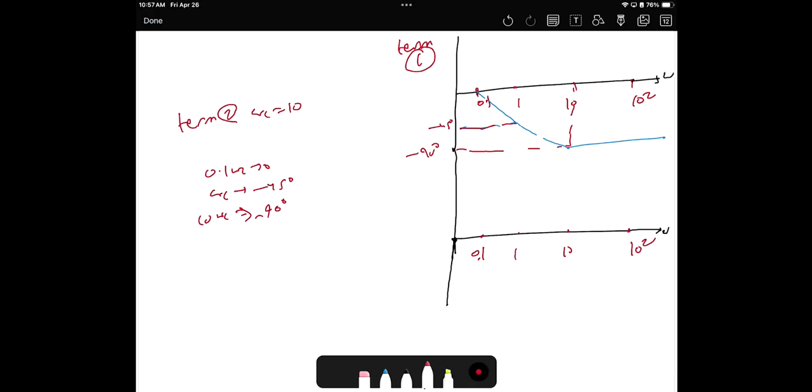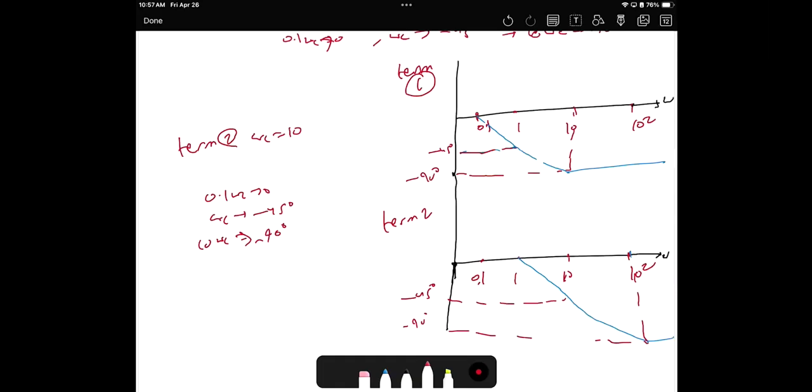We will start at 0.1 of the 10, which is at 1. Then we'll move to negative 45, then negative 90. This is term 2.